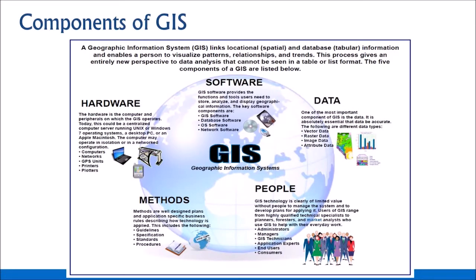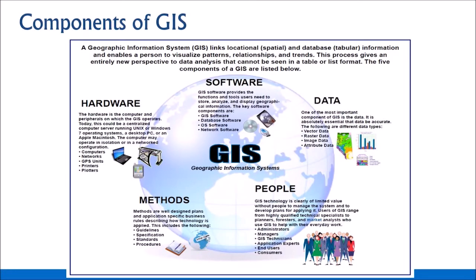Your software provides the functions and tools users need to store, analyze, and display geographical information. Third is data. Data is probably the most important component of GIS. It is absolutely essential that data be accurate. And later on, we will be talking about the different data types.